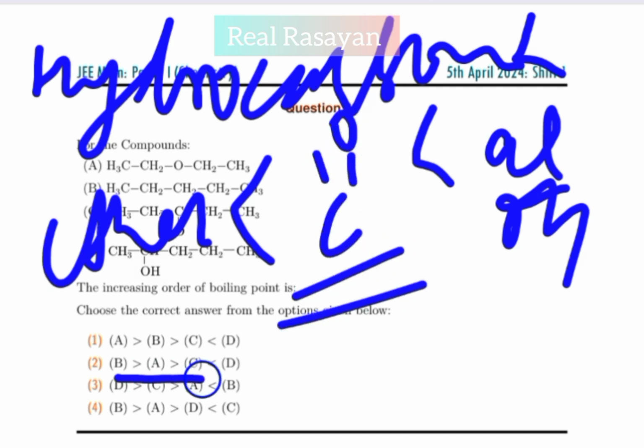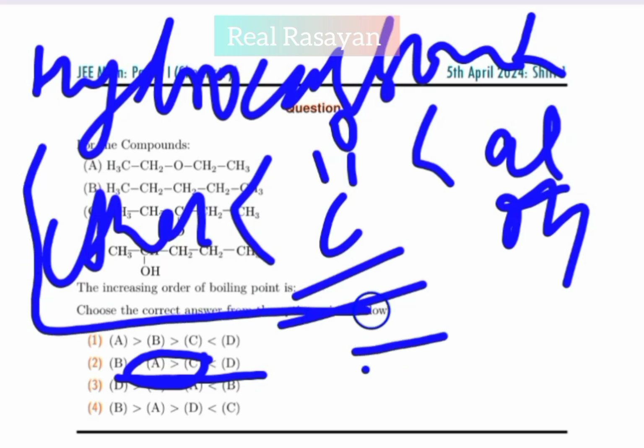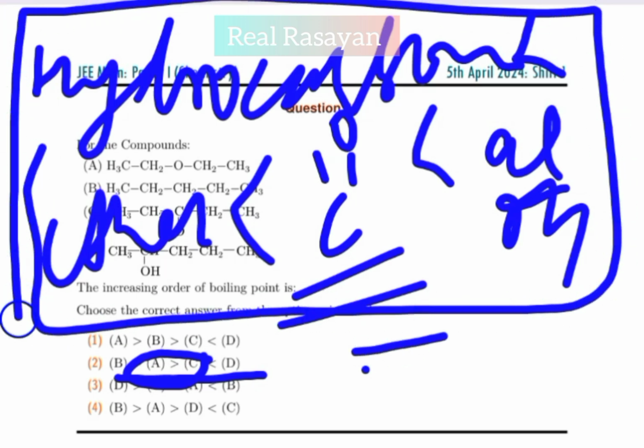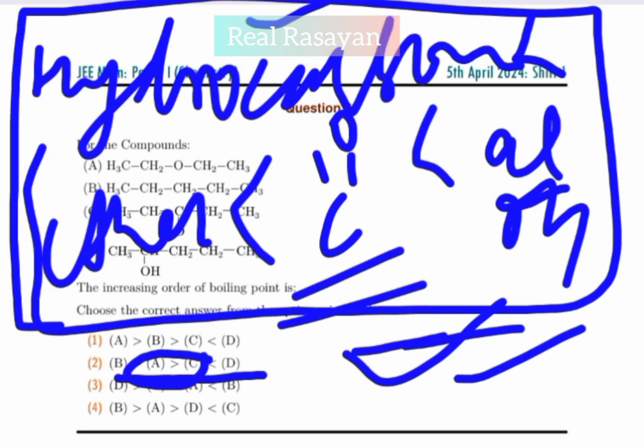Maybe some confusion is between A and C here, so we can follow the same pattern according to the increasing boiling point of the given compounds. So the concept related to the molecular interaction is like that.